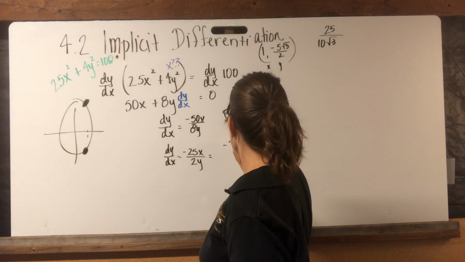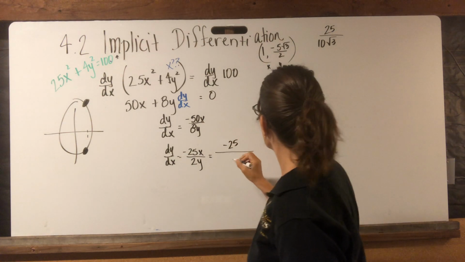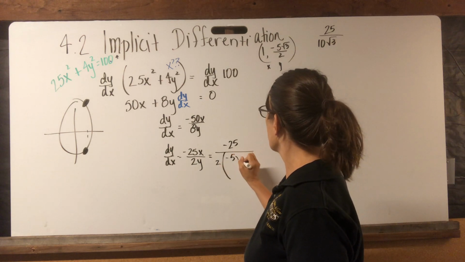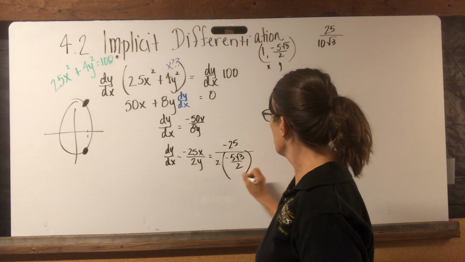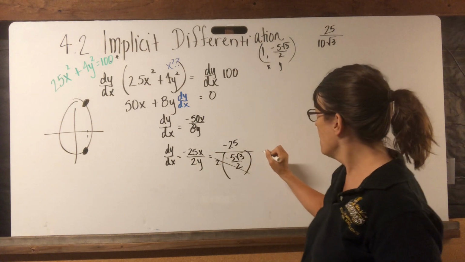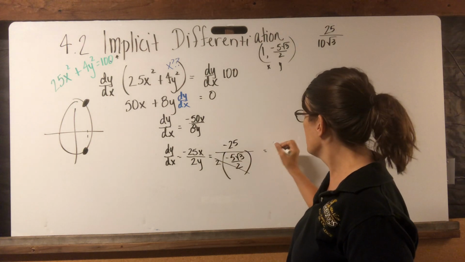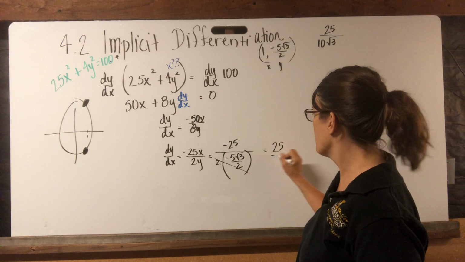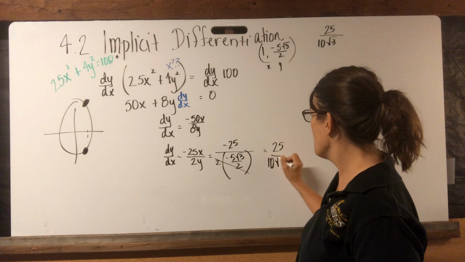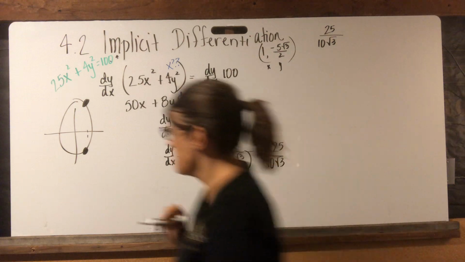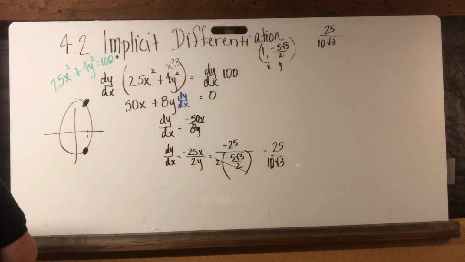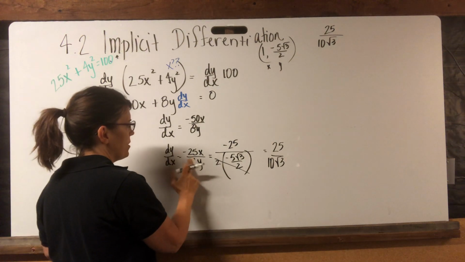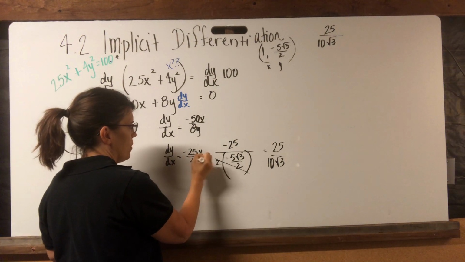So this is going to be negative 25 over 2y, which is negative 5 root 3 over 2. Bam. And this is indeed 25 over 10 root 3. This is supposed to be a 4. Whew.